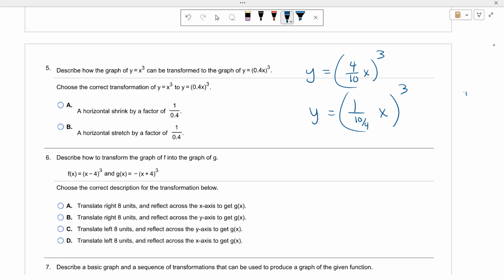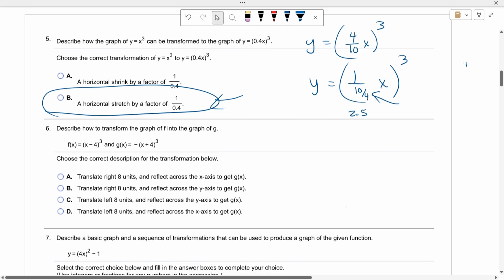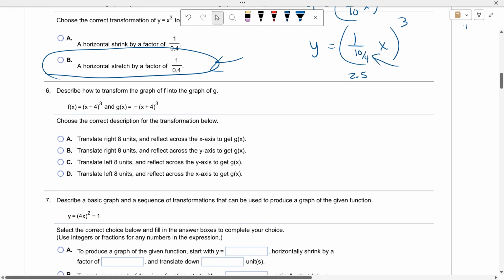This should be a stretch of 2.5. So it would be a horizontal stretch of 1 over that. I think this makes more sense than what that does. But whatever. Horizontal stretch on that one.